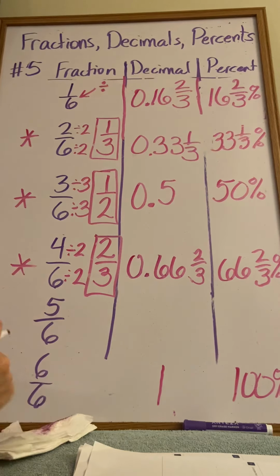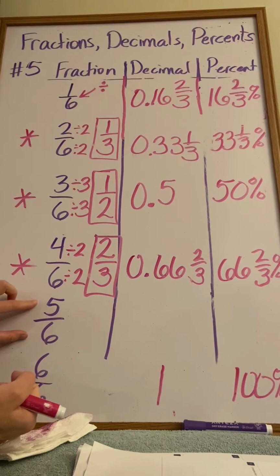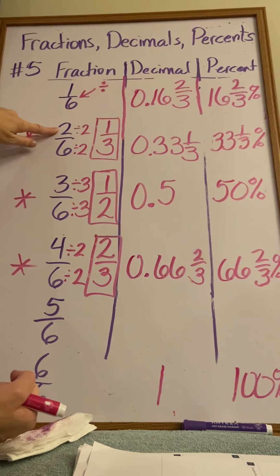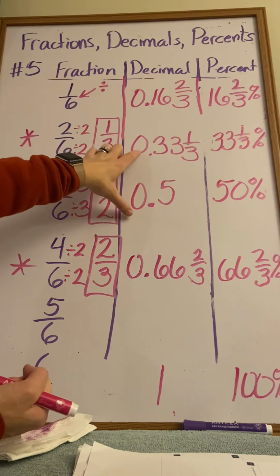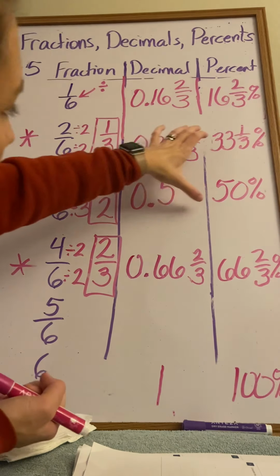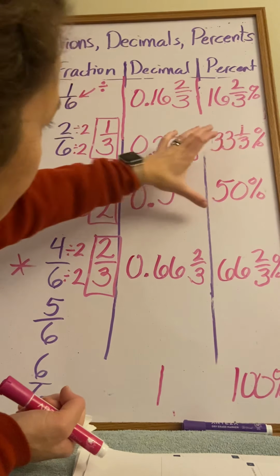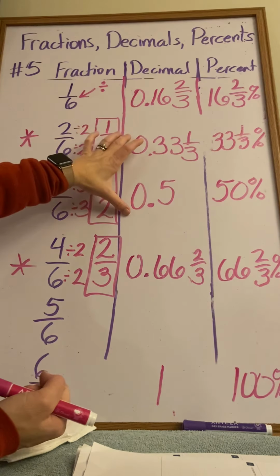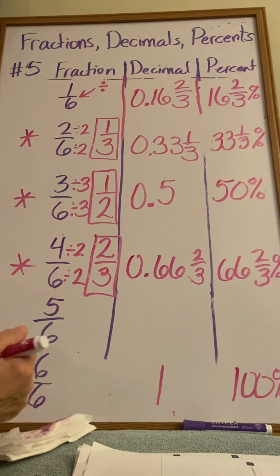Now, last one down here. Last one, 5/6. Now, 5/6, I can just do a combination. What makes 5? I can add the 2 and the 3. 2 plus 3 is 5, okay? So I can add these two numbers right here or add these 2%. What makes 2/6 and what makes 3/6. I can add that together and I can get my answer.